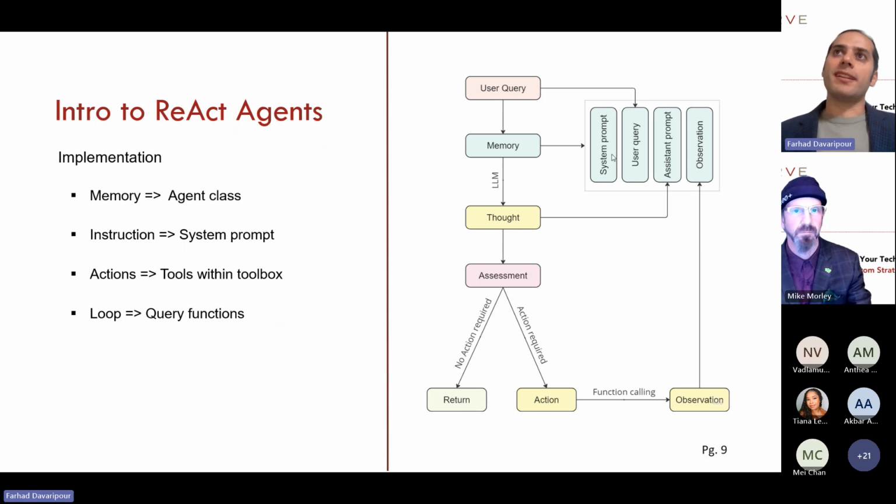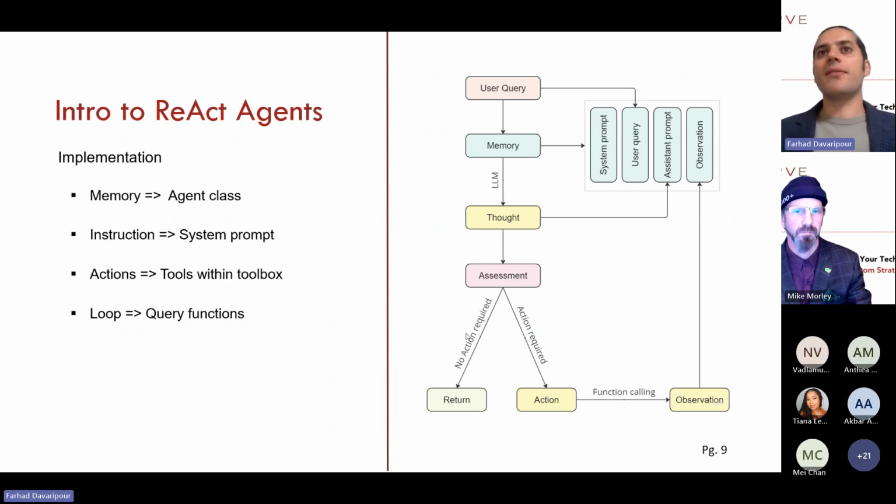The memory already has the system prompt, because that's the instruction required for the agent to know how to act and how to reason. The next prompt is the user query, and once it has these two components, it generates a thought. The next component is a node to assess whether the thought has an action or doesn't have an action.